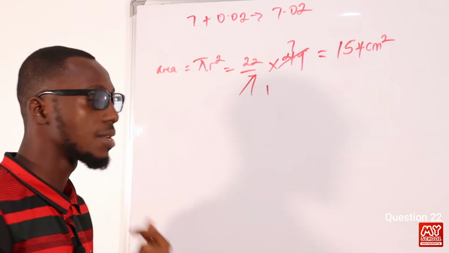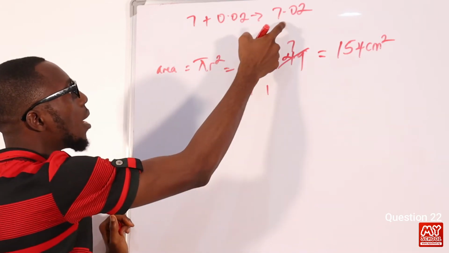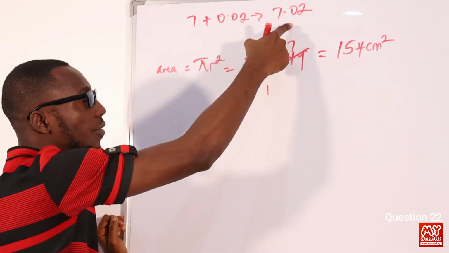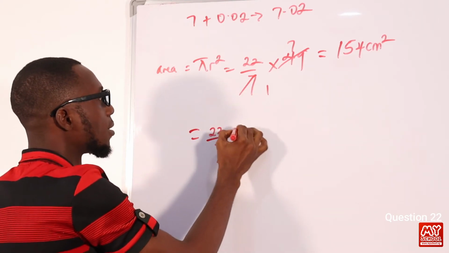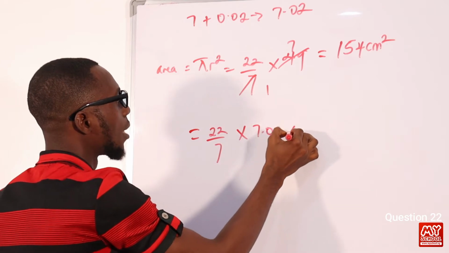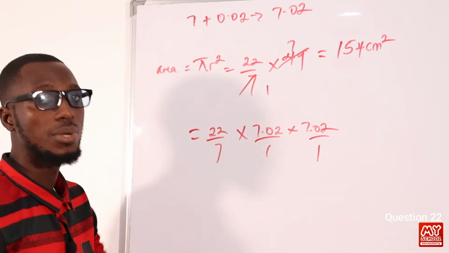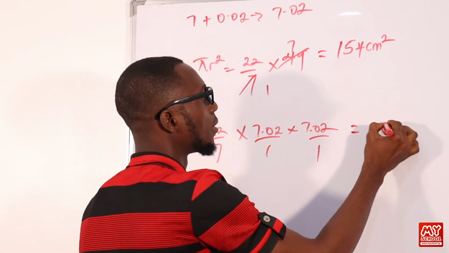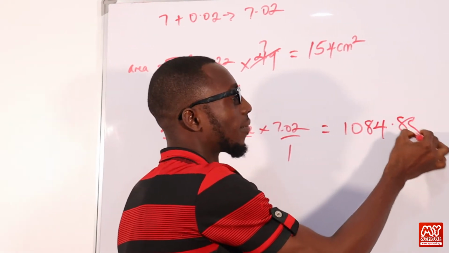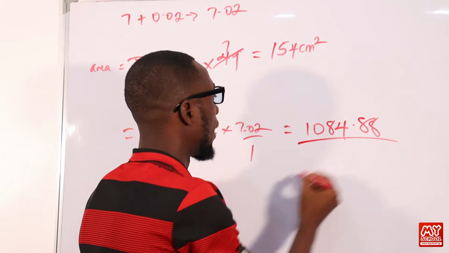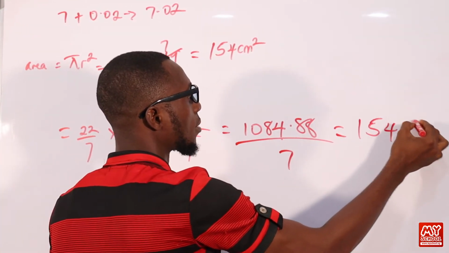So let's see how much increase comes on the area. So when it was 7, we got this. When it is 7.02, let's find out. So that will be 22 over 7, right? Times 7.02 times 7.02. Okay, so by the time we multiply all of this, divided by 7, we should have roughly this.